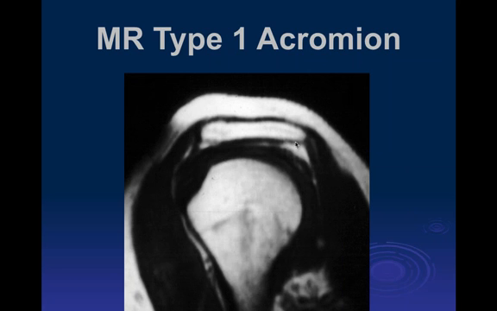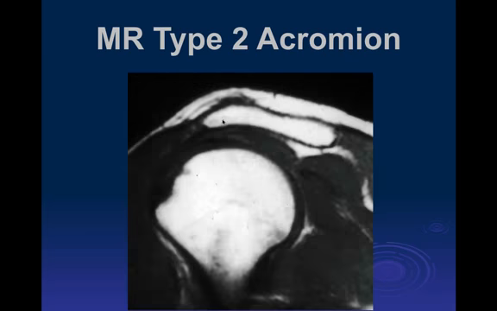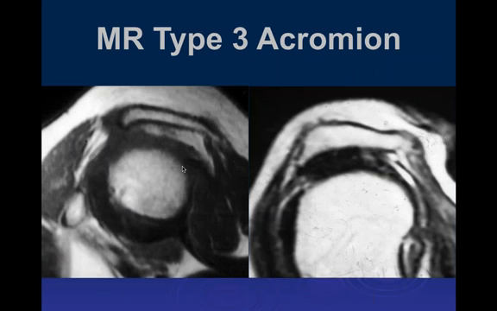A type 1 would be a relatively flat acromion in the sagittal plane. A type 2 is a general curve of the acromion, where the space between the humeral head and the acromion is pretty much equidistant. And then there's a type 3 acromion, where you have an anterior hook on the acromion, either congenital, which we're seeing on the left, or an acquired osteophyte, which we're seeing on the right. So this area here is an acquired osteophyte.